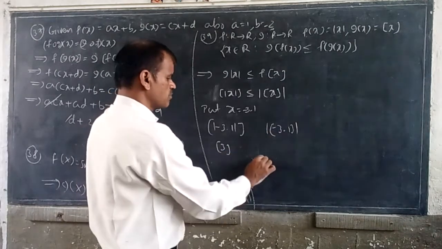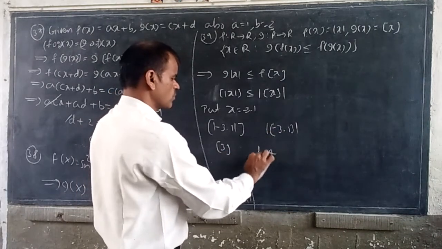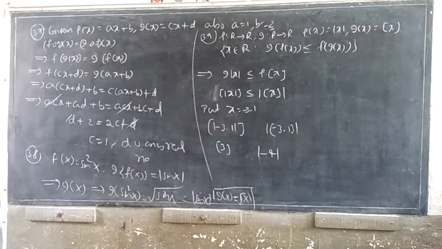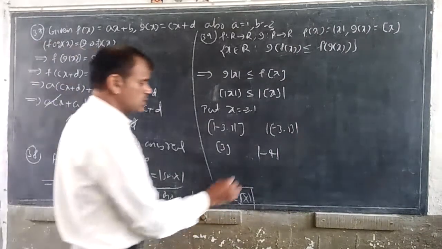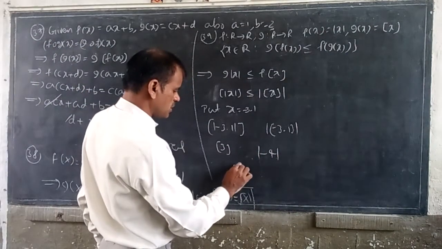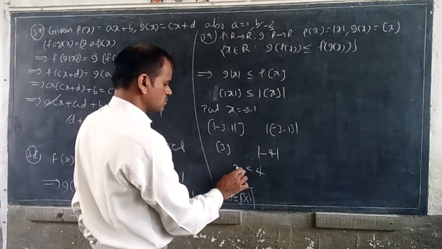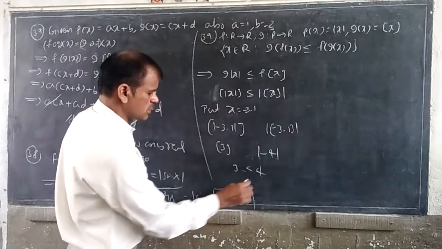Minus 3.1 step means minus 4, and modulus of that is 4. So 3 is less than 4. Of course, less than or equal to is satisfied, and if it is the same number, it is also true.